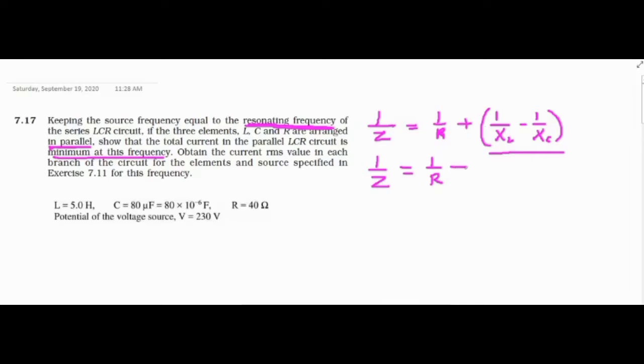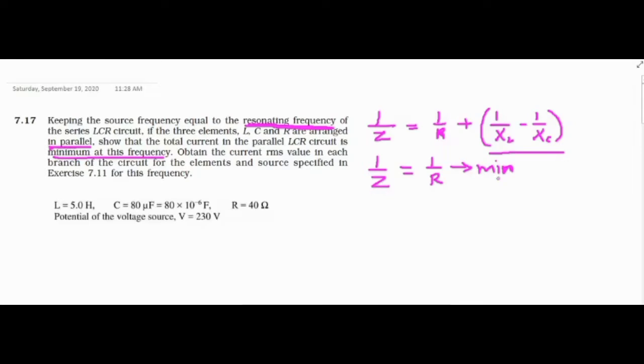So in such a situation, 1 by Z is minimum, because the extra term which we need to add with 1 by R to get 1 by Z is not there. That will be 0 at resonance. So you will get at resonance 1 by Z is minimum.